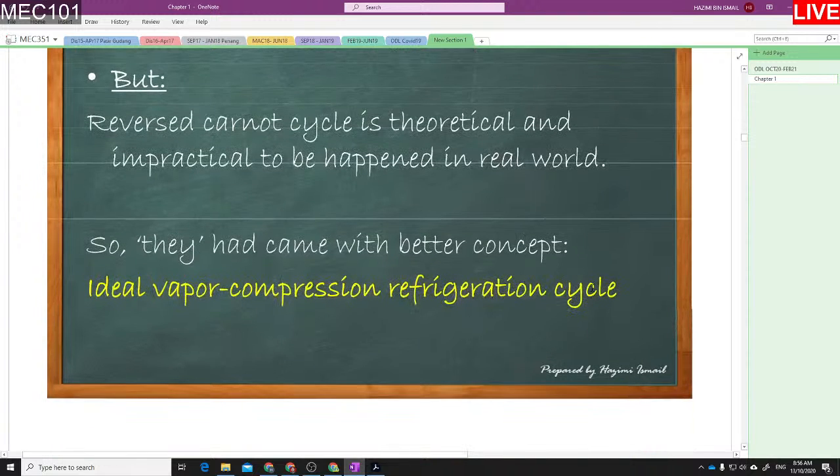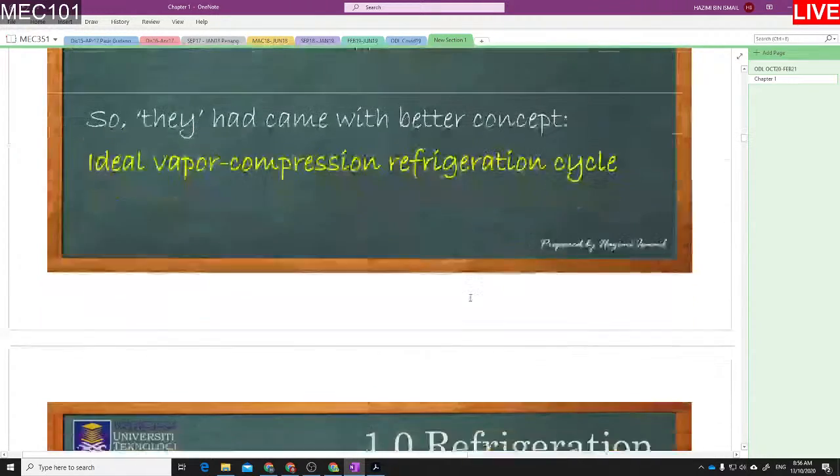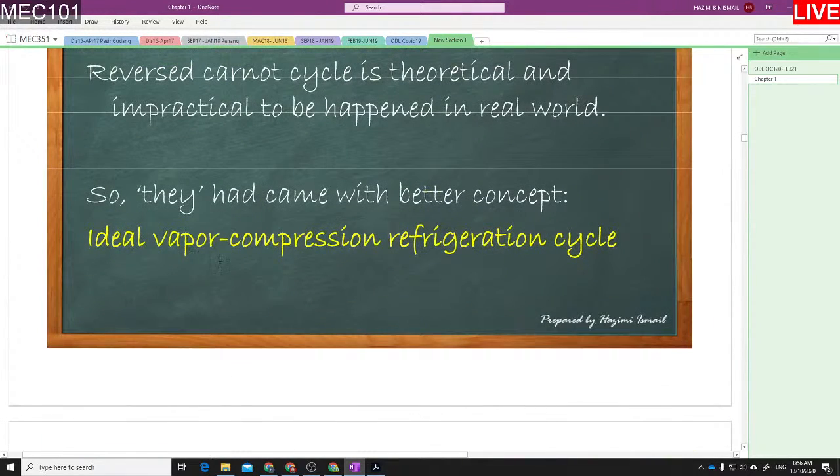So the scientists, a long time ago, came up with a better concept. They modified the cycle and the principle, and they got the vapor compression refrigeration cycle.